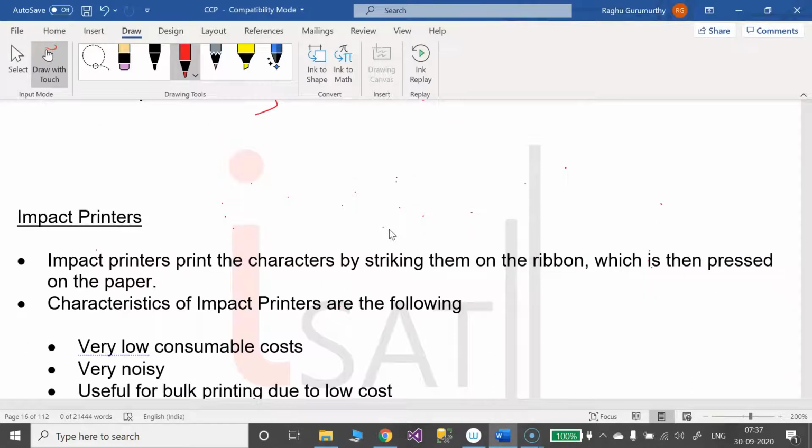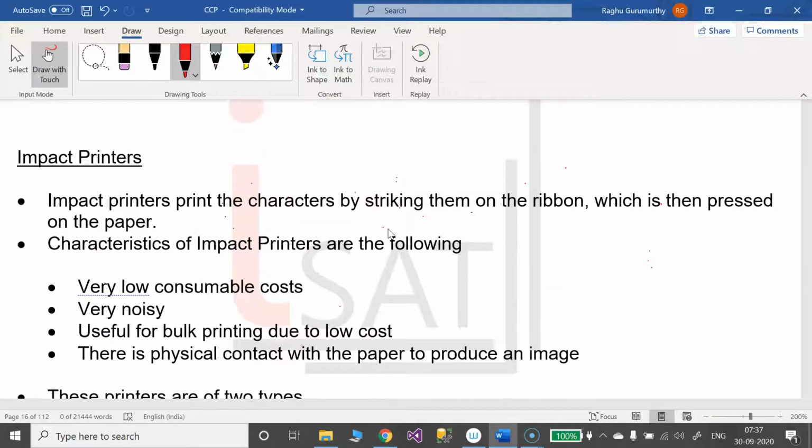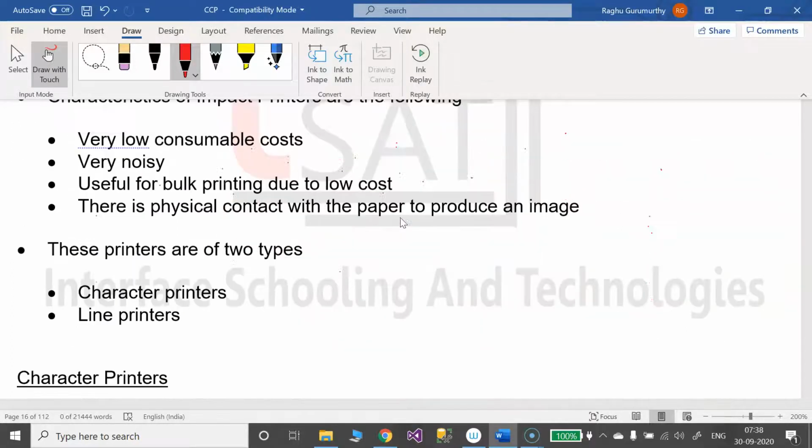Impact printers print the character by striking. This is the actual word we need to use. There is an actual striking on the ribbon which is then pressed on the paper. Got it? Later, the characteristics of impact printers.